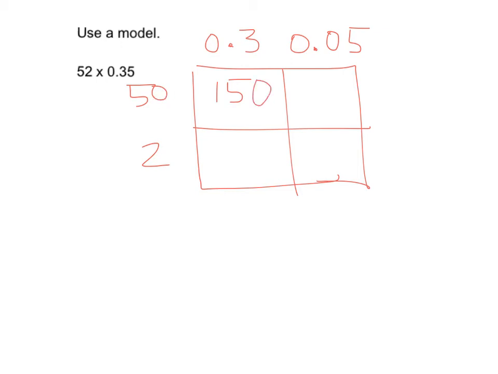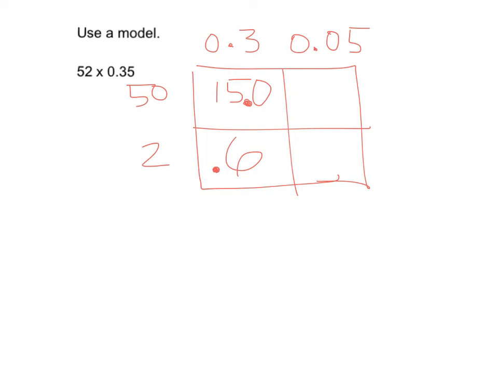But I also have a digit in my decimal, so my product also has to have a decimal. My next one, I've got 3/10 times 2. 3 times 2 is 6, but I do have one decimal there in my 3/10, so that becomes 6/10.